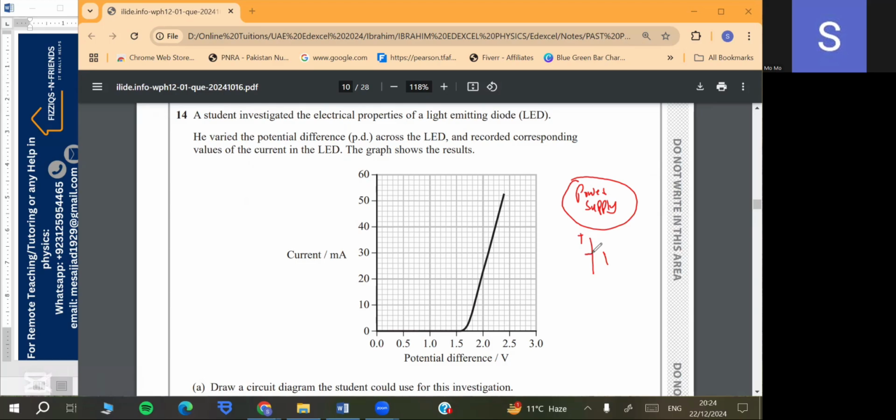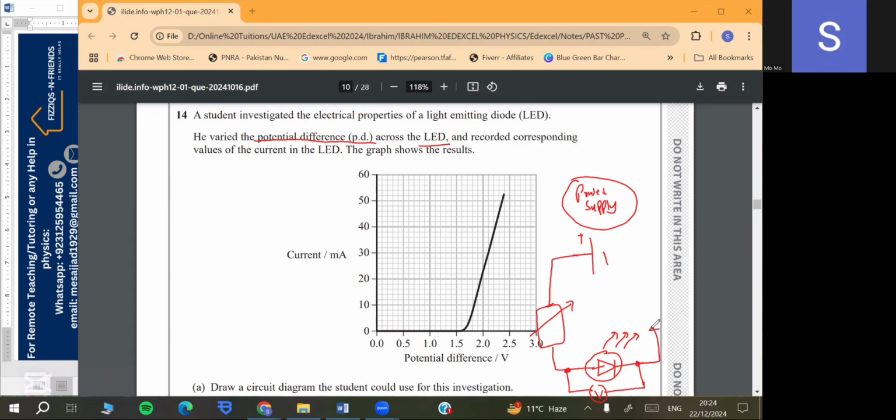Now you need to remember that they are varying the potential difference across the LED. So first of all, you must have a variable resistor here to change it. When you change the resistance of this variable resistor, the voltage across the LED will be changed. So this is your LED sign, and this is the light emitted from here, and you need to measure the voltage across the LED. So for that you will connect a voltmeter here.